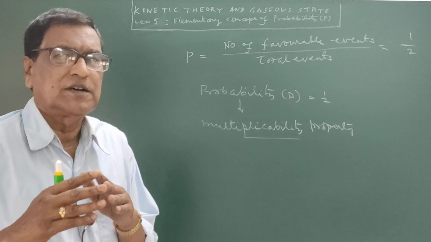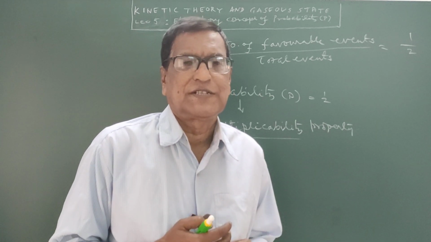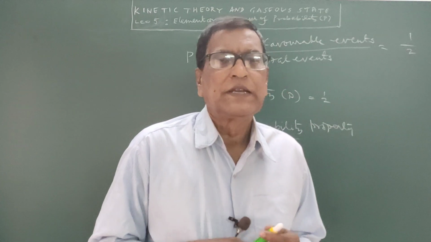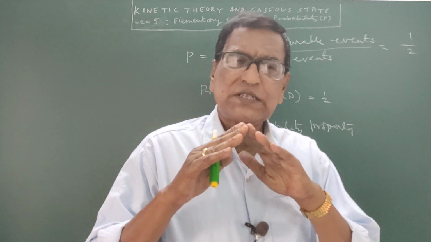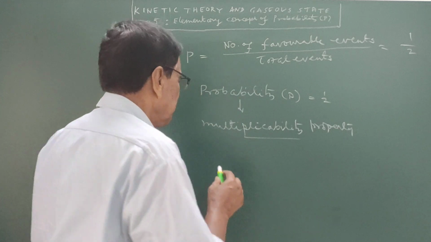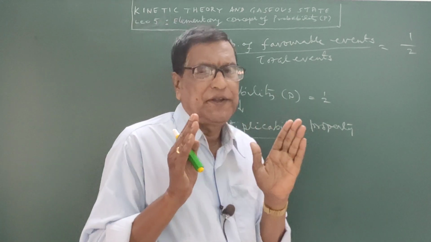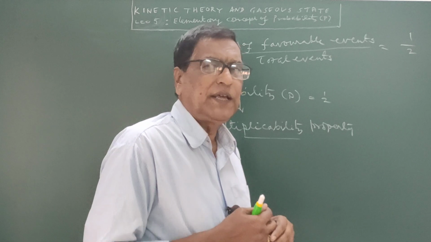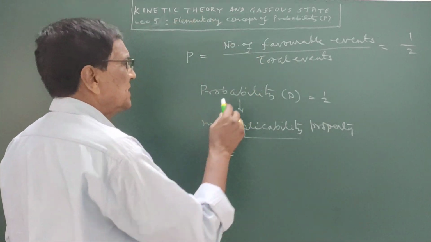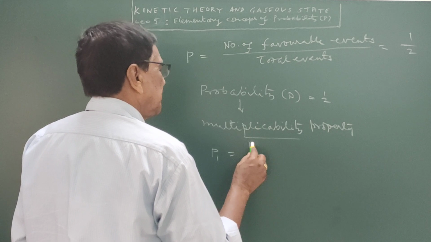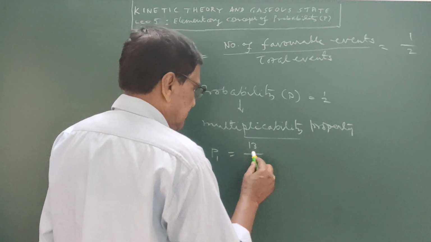Similarly, in the case of a well shuffled packet of cards, suppose you are randomly picking up a card and that card is to be a diamond. In this case the probability, suppose P1, one condition has been imposed: the color of the card you are picking should be diamond. So the favorable events are 13, there are 13 diamond cards, and total cards is 52.